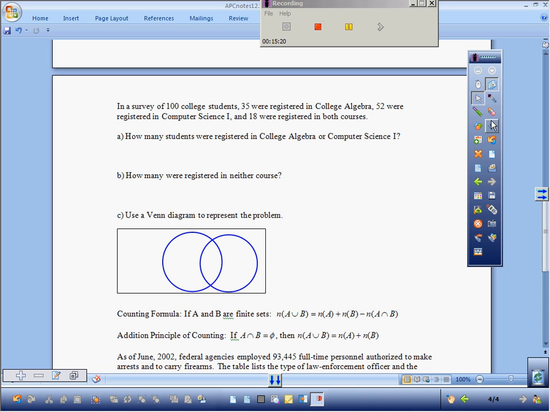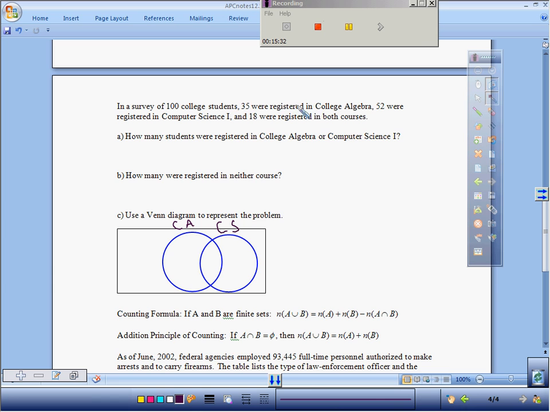Something like that. Okay, so 35, we'll call this college algebra over here, and we'll call this computer science over here. And then it says 18 were registered in both. So you could actually put the numbers. There's 18 kids in here. See that? Okay? How many kids have to go out here?